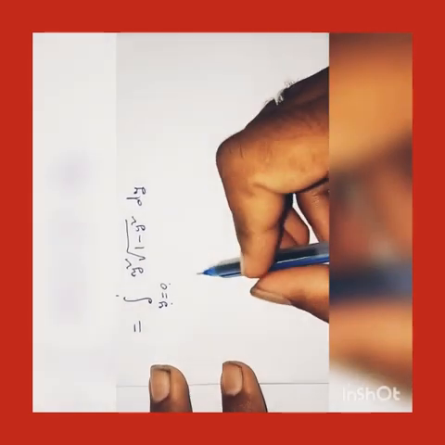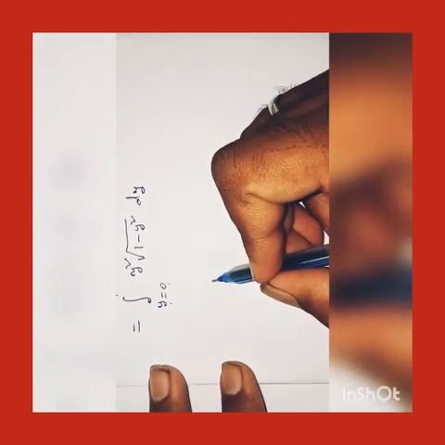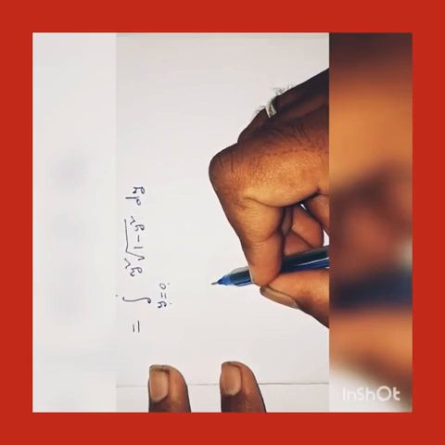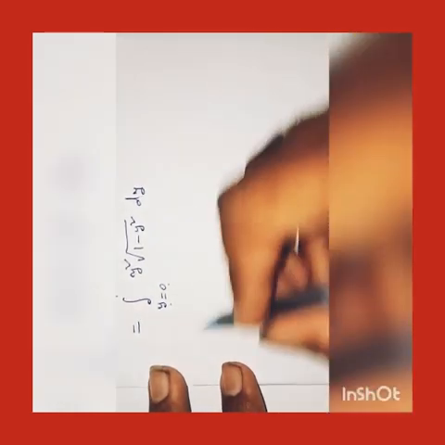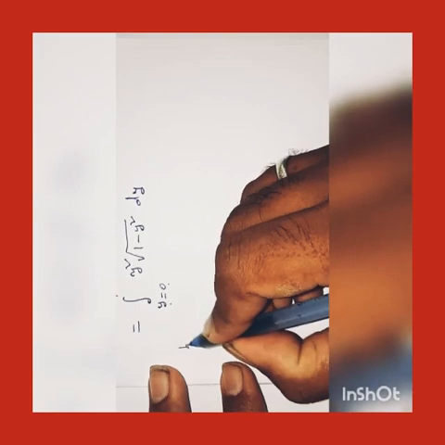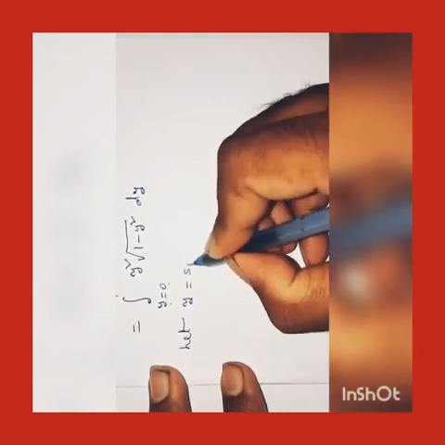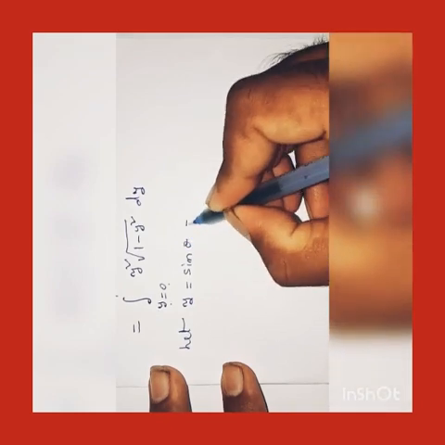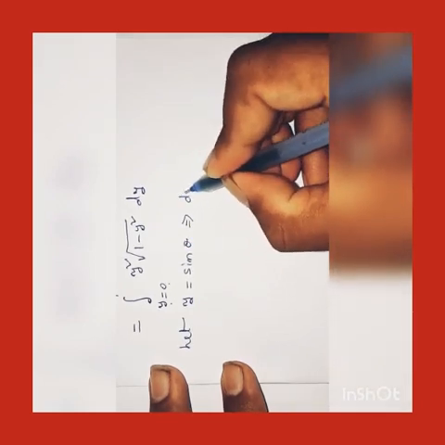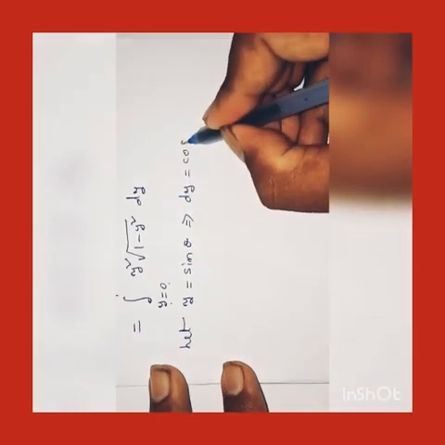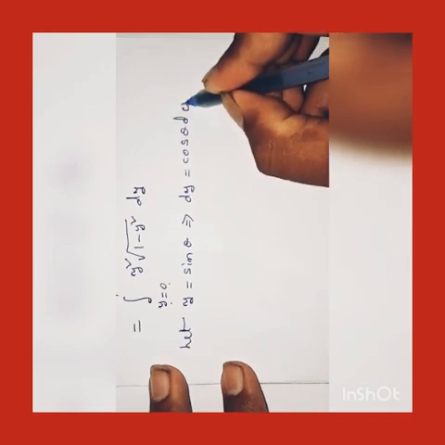Now let us use a substitution to solve this integration. Let y is equal to sine theta. It implies that dy is equal to cos theta d theta.